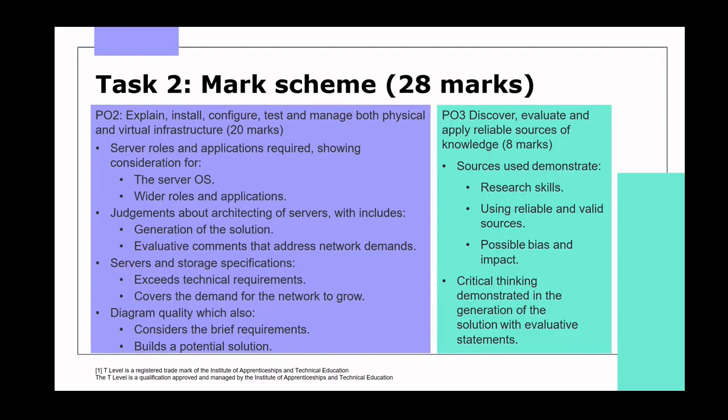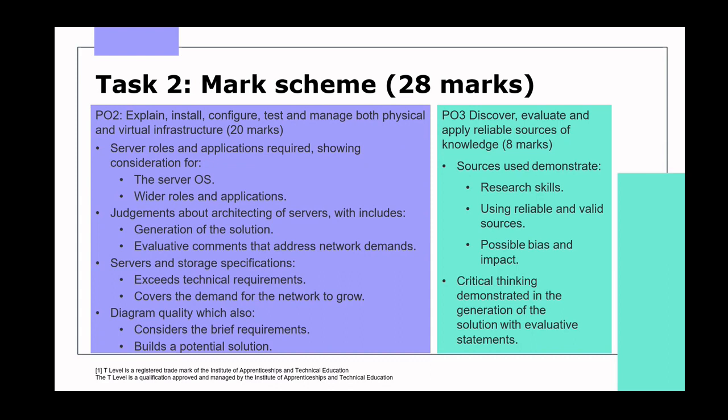And like with task one, I've just tried to summarize the main parts of the mark scheme here for you. I'm not going to go through every single point on here, but just to highlight in performance outcome 2, that very first bullet point, to get the higher marks, students do need to consider the wider roles and applications needed in the business, just to ensure that all essential software and roles are addressed.